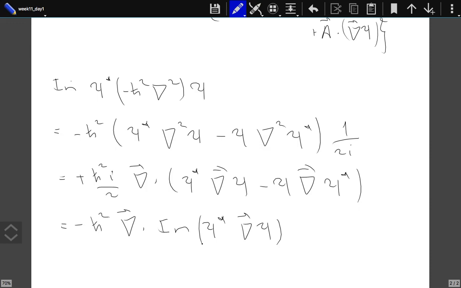That was my first term. What I did was this is nothing but 2i times the imaginary part of psi star gradient psi.